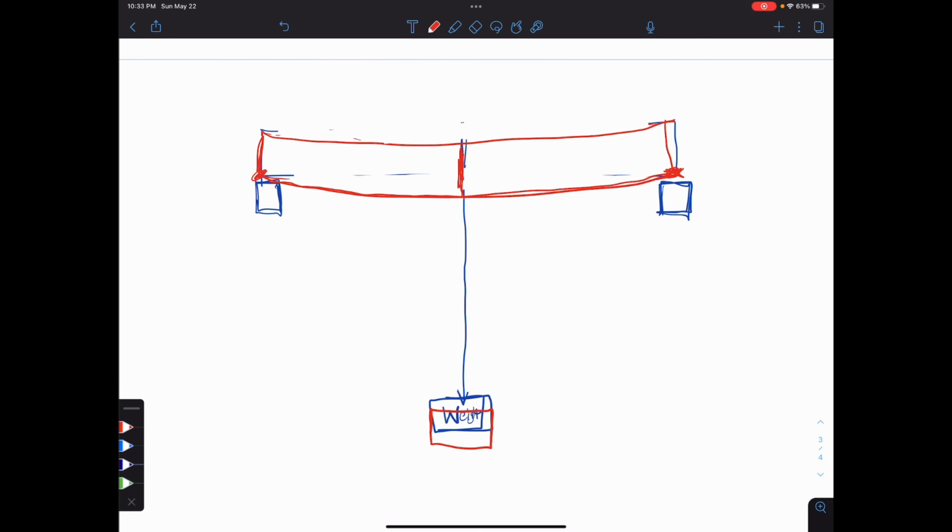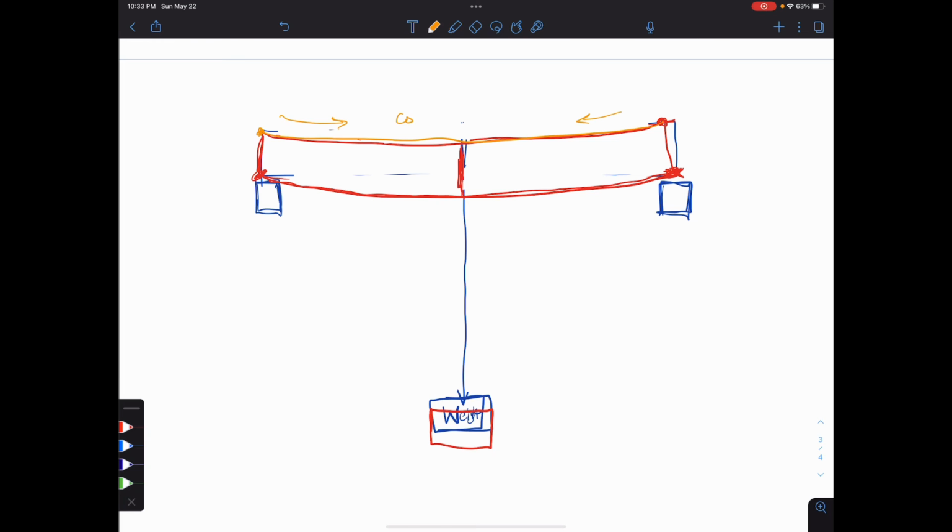And on the top, all the little parts are actually getting squished together. So the distance that I'd measure from here along the top, let's change colors to make that clear, along the top right here, that distance has gone down a little bit. So the top of the beam is being squished.